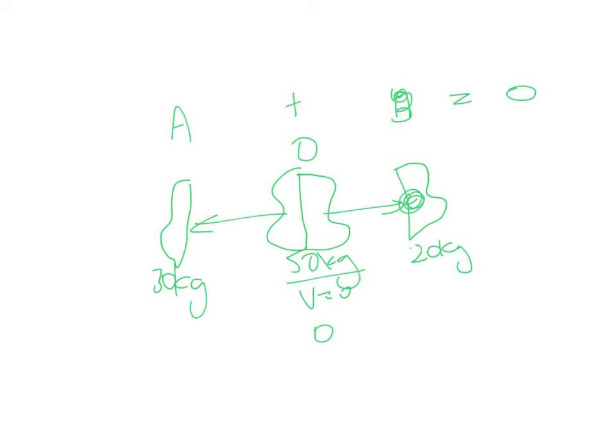This one's got a velocity to the right of, let's say, 10 meters per second, and then this one's got a velocity of, don't know. What is that velocity? Okay, so afterwards the total momentum has to be 0. So the momentum of this one, 30 times we don't know, and we're going to make it a negative don't know, plus 20 times 10 equals 0.